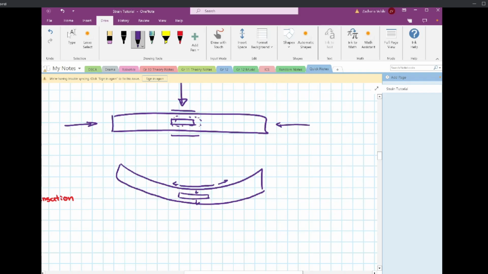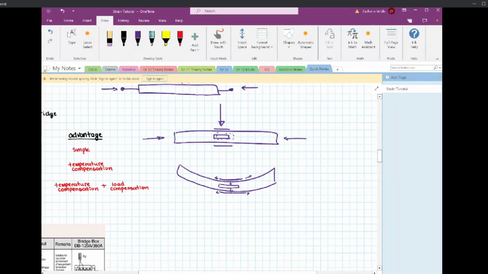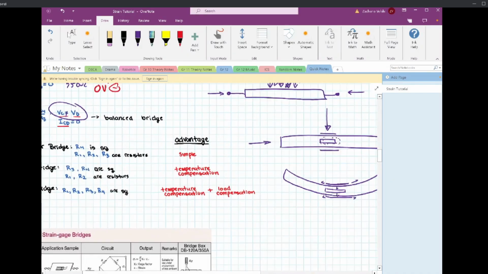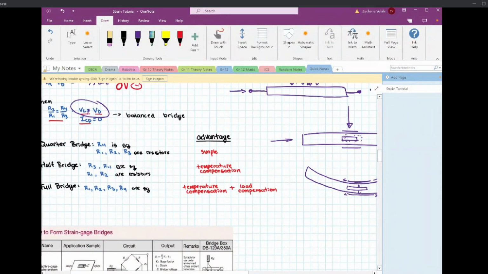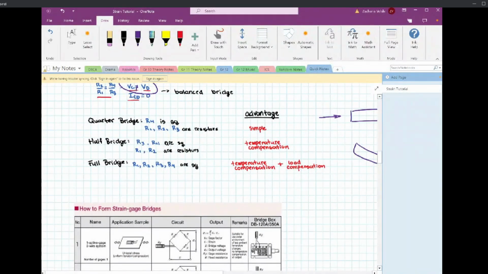So you're only going to see a change in resistance for the top and bottom ones compared to the ones on the side. By building a bridge with four strain gauges in this orientation, you're able to compensate for loads that you're not expecting.